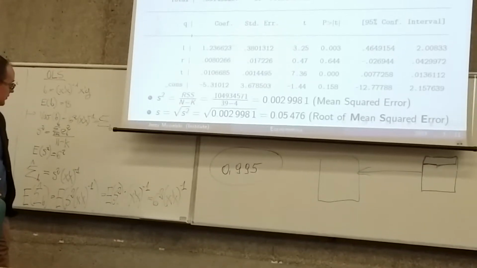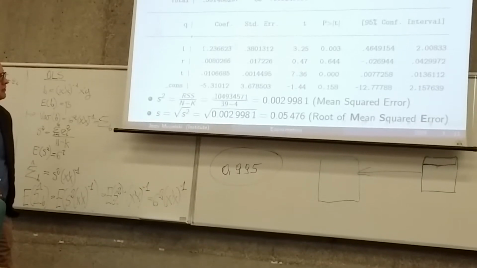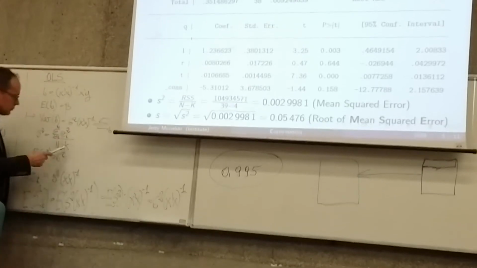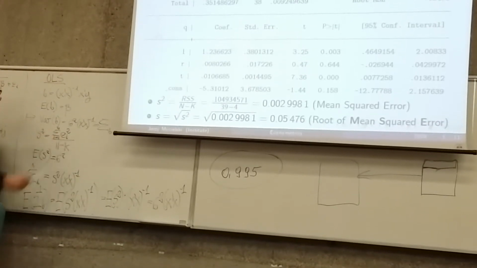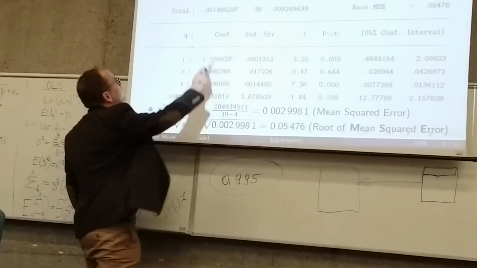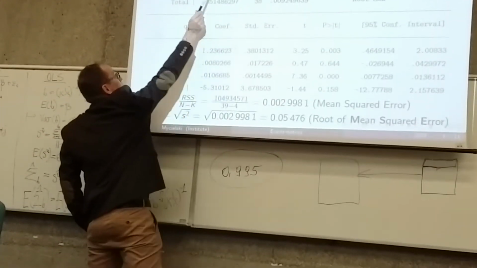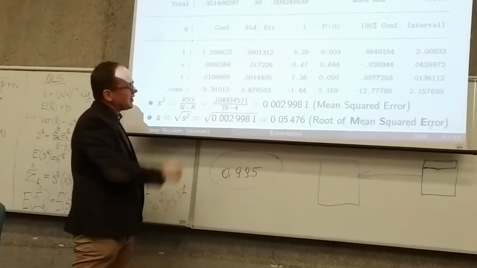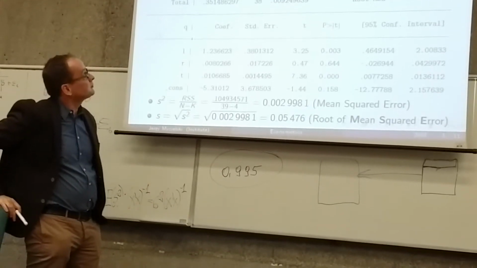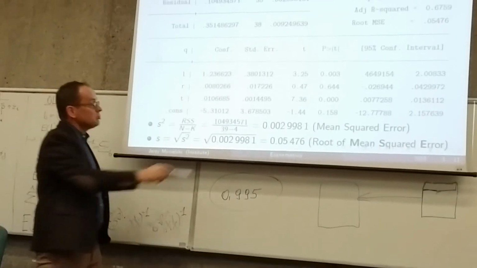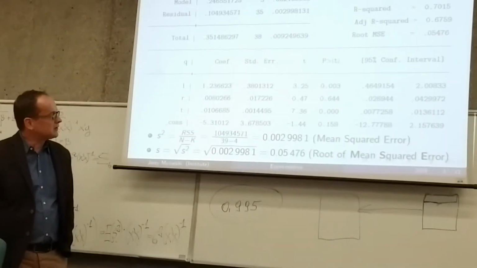And now we know S squared. S squared is the estimator of the variance of the error term. Actually, this sum which we have here is the sum of squares of residuals. It should be divided by the number of observations, which is 39, minus the number of explanatory variables.